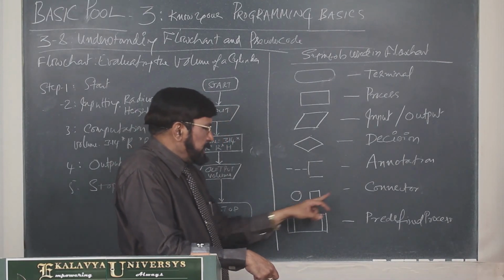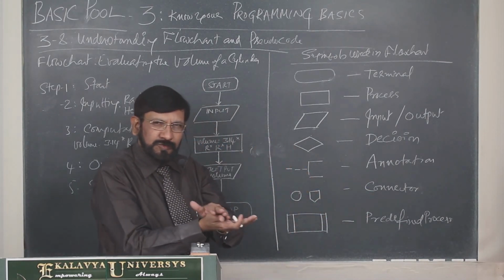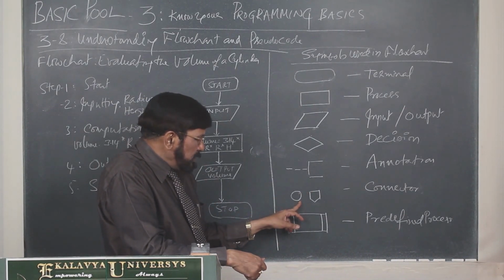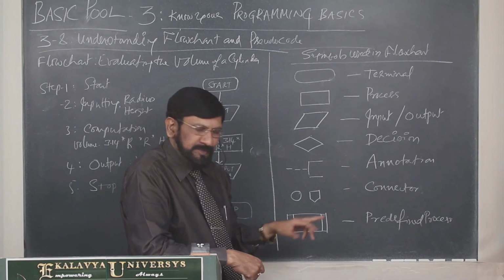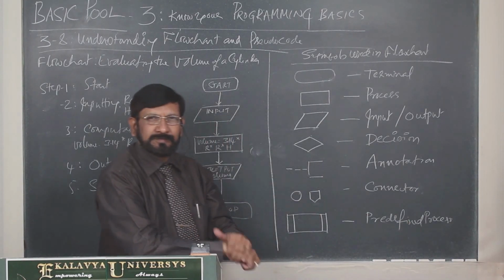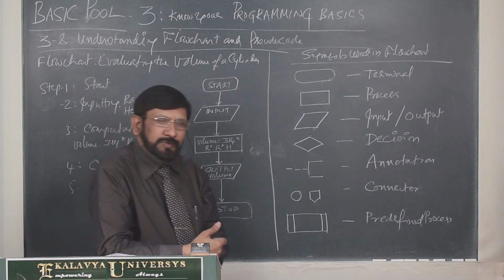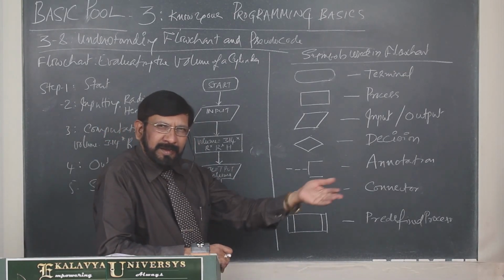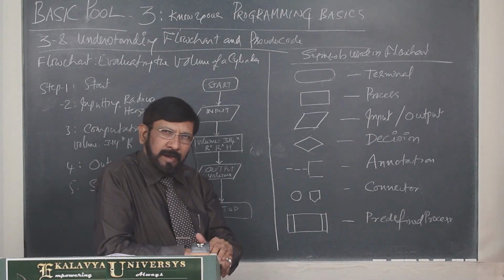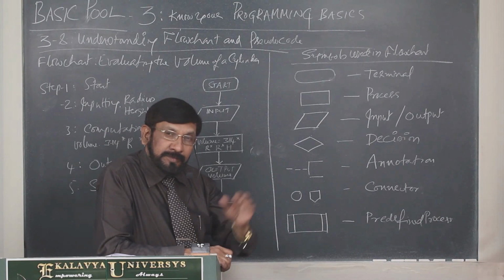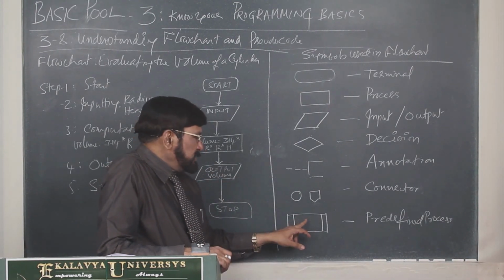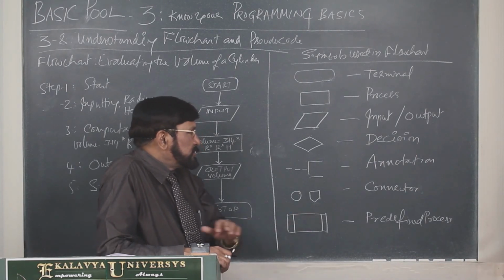Now, wherever you have to connect one process to another process, you can use one of these symbols. These are called connectors. And predefined process: certain times we use a predefined process. It is already defined, some process is available to you in a ready-made manner that you are using for performing your task. In such cases, you can use these symbols.